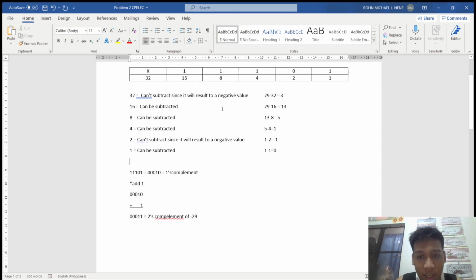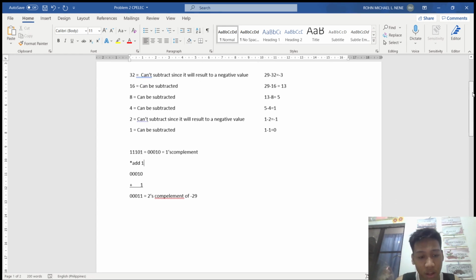Then by getting the values 1 1 1 1 1 0 1, we will be getting the ones complement of the answer. And then after doing the ones complement, we will be having this answer, which is 0 0 0 1 0.